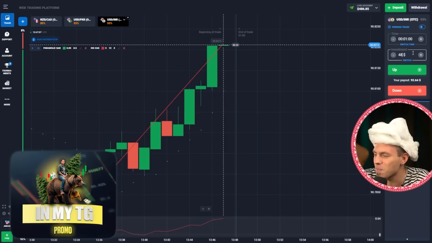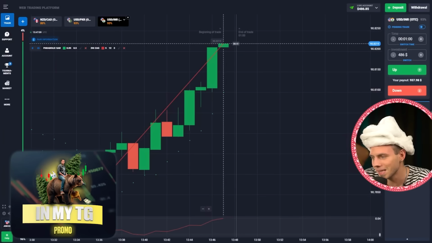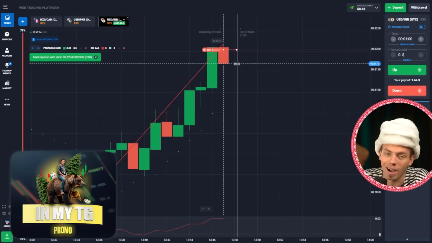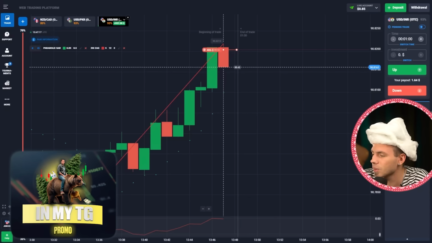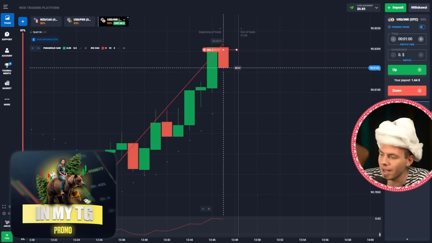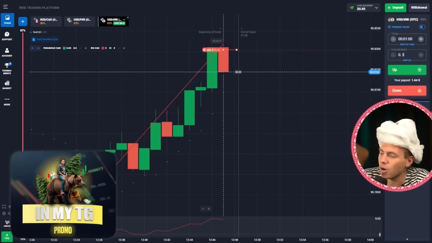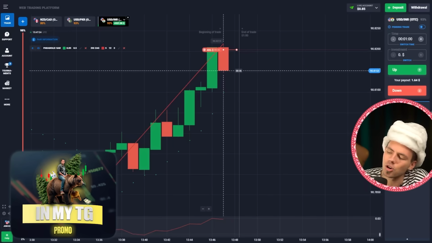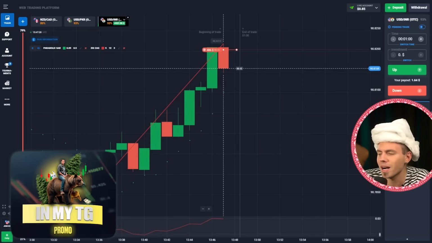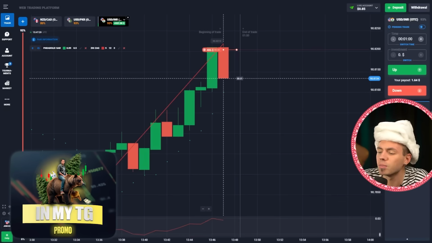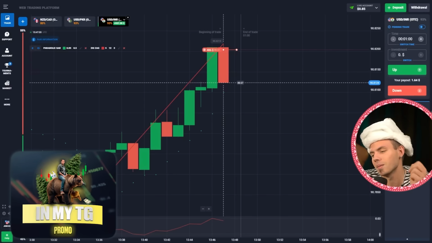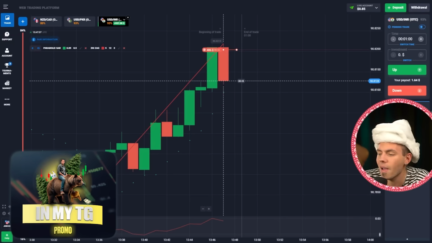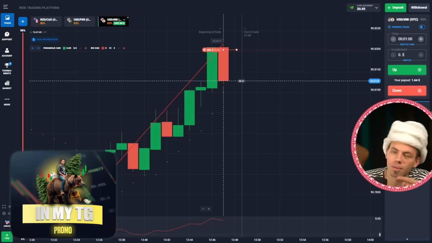Okay, let's move on to the next pair. Here we have a very interesting situation. Right now I'm opening a sell trade with $486. We expect a pullback from the zigzag line over here. We are in the overbought zone right now. We were having a very strong move up before, but now we reached the overbought zone. This is the moment when the buyers start to weaken and the sellers take the power. This is the moment when the price reverses.